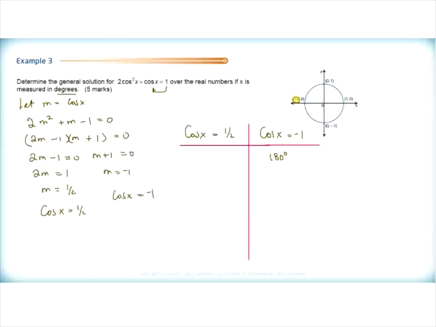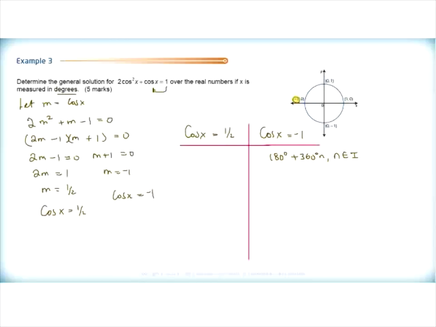We're looking for all answers where cosine x equals negative 1. How do I represent all answers? I was going to write 2 pi n, but of course that would be in radians. I'm going to write plus 360n, because we're doing this in degrees, where n is an element of I. That will give me all possible answers where cosine of the angle is equal to negative 1.